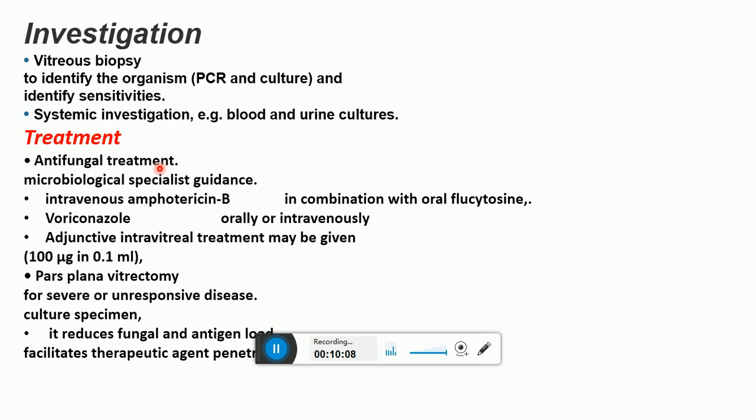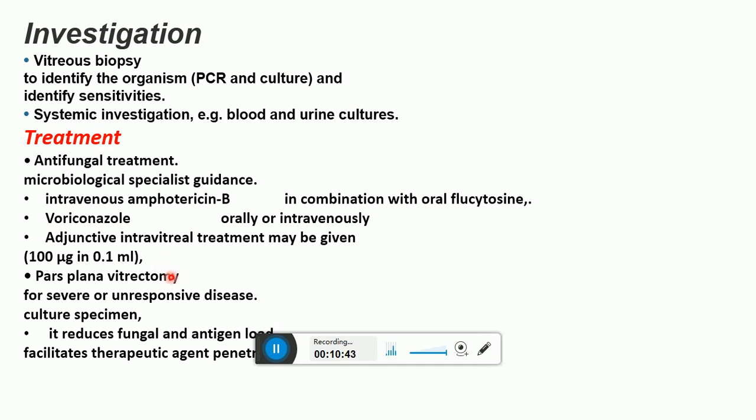Intravenous amphotericin B is the treatment in combination with oral flucytosine, but resistance is a concern. Voriconazole, orally or intravenously, has a broad spectrum of antifungal action with low reported resistance and high ocular penetration. Adjunctive intravitreal treatment may be given, 100 micrograms in 0.1 ml, with serial injections probably needed.